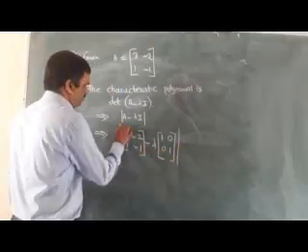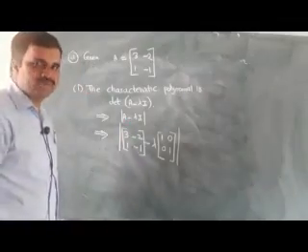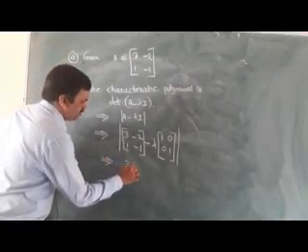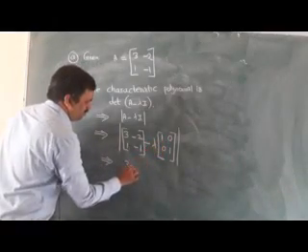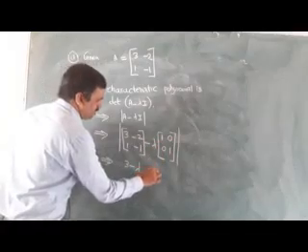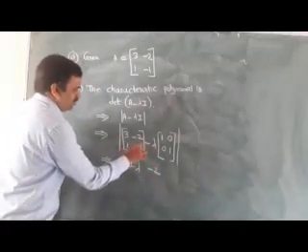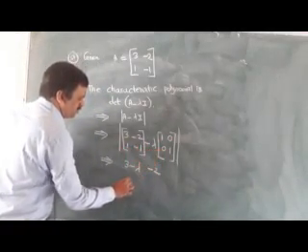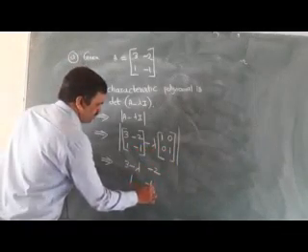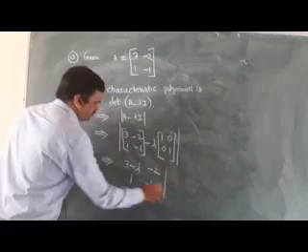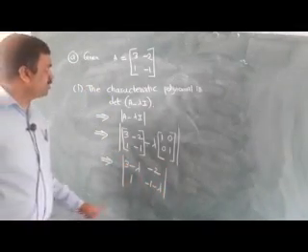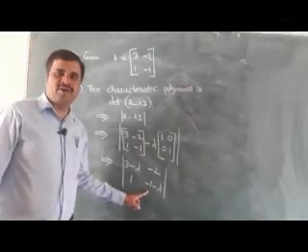Write the matrix A first. Determinant of that, and simplify it. We get 3 minus lambda, minus 2, 1, minus 1 minus lambda.